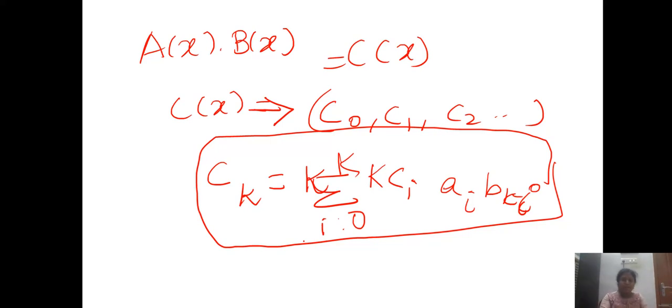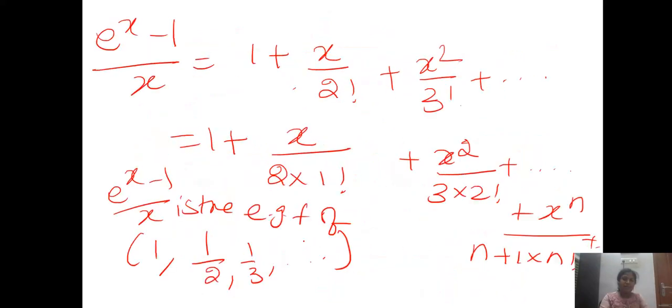That is what I have. So I'm thinking of multiplying the same thing again, that is e power x minus 1 by x times e power x minus 1 by x. This is e power x minus 1 by x the whole square.